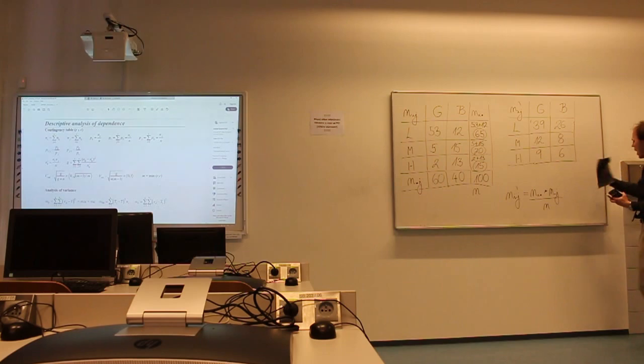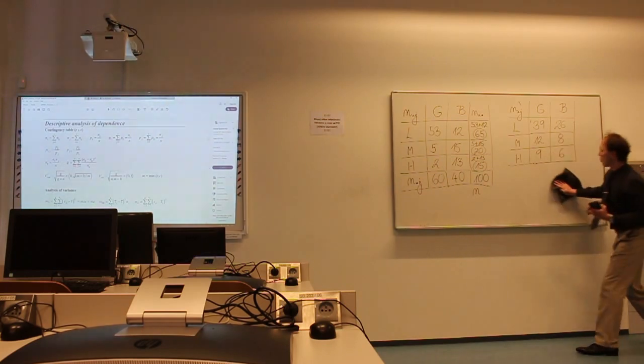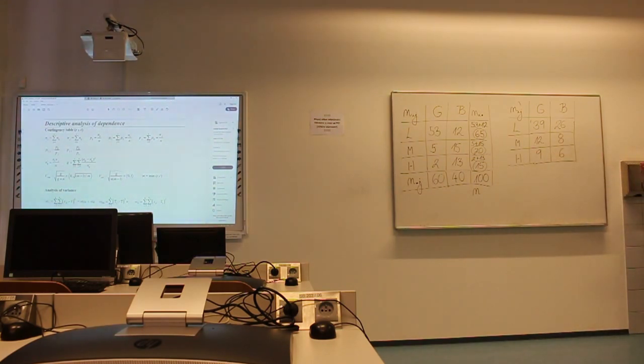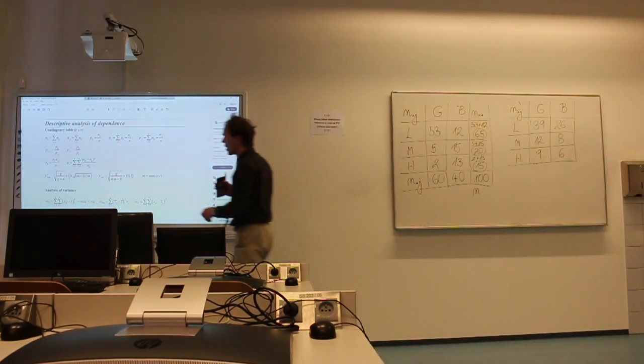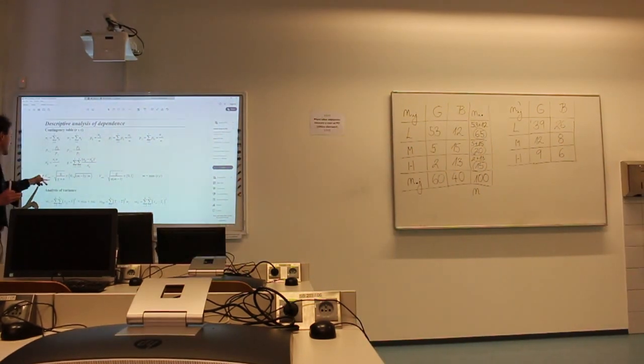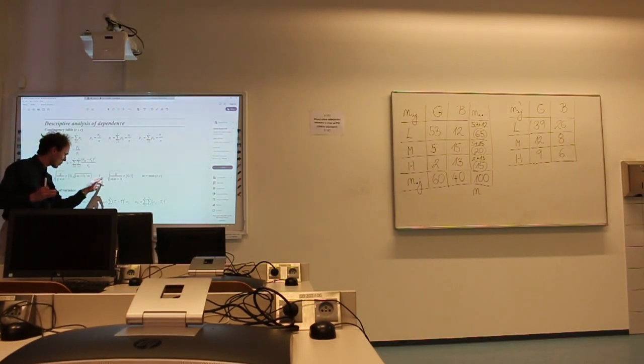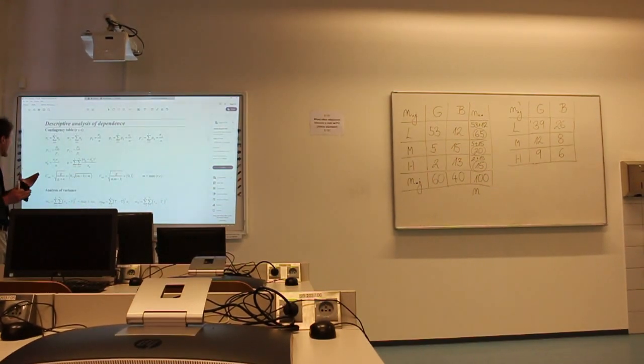Okay, and now for the calculation of measures of existing dependence, Pearson coefficient C and Cramer coefficient V, we need to calculate statistic G, the G value.